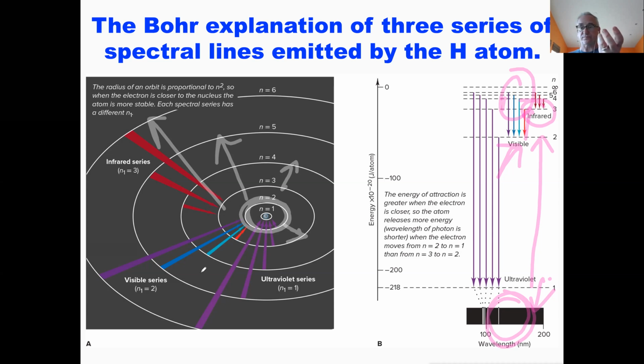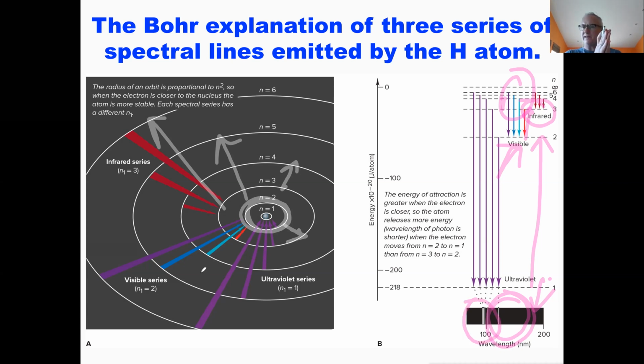And then the biggest jump from the highest levels all the way back to the ground state is a big change in energy. Those give you the ultraviolet, or the UV. Those are high energy wavelengths. So that tells you that's a big distance that the electron fell, and that gives you this series of wavelengths here.